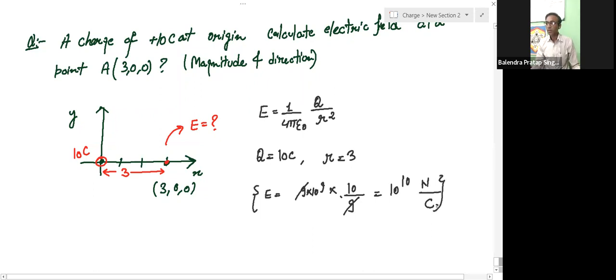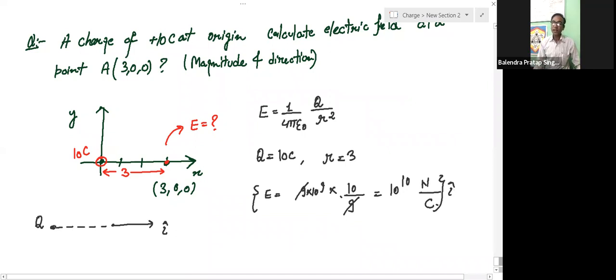Now, if we talk about the direction, this is our source charge Q, which is 10 Coulomb, and you have to find the electric field in the direction of x. So you can consider the direction as the i cap direction, because the field is in the x direction.